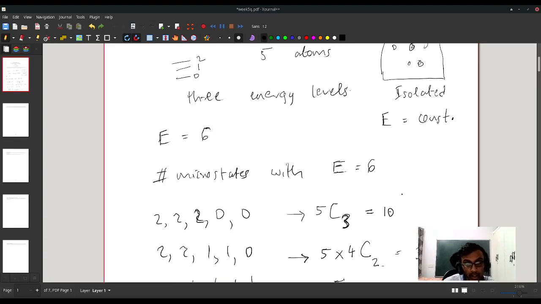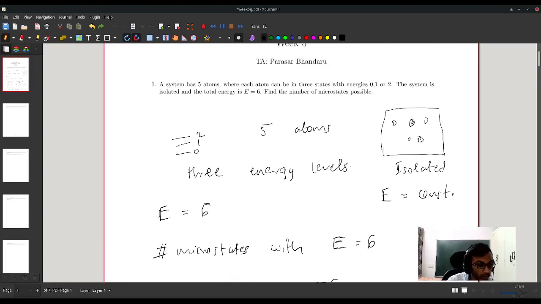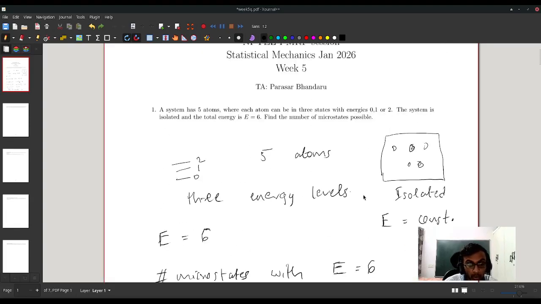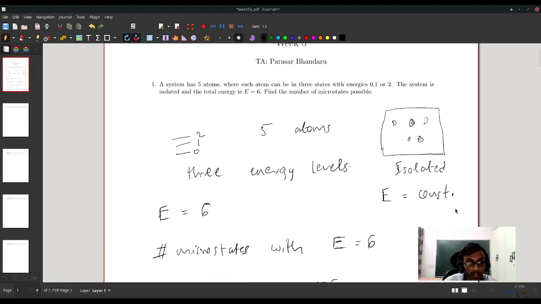So this problem is just to warm up when it comes to applying the formalism of the microcanonical ensemble. We're going to do more such counting problems and try to apply them to some physical systems and see what thermodynamics we get.